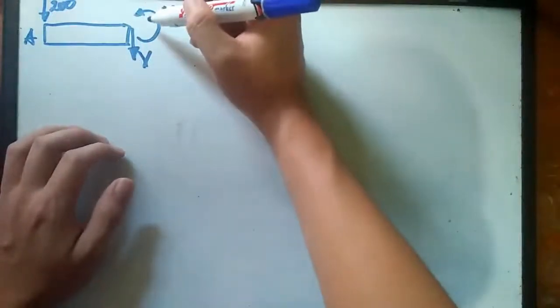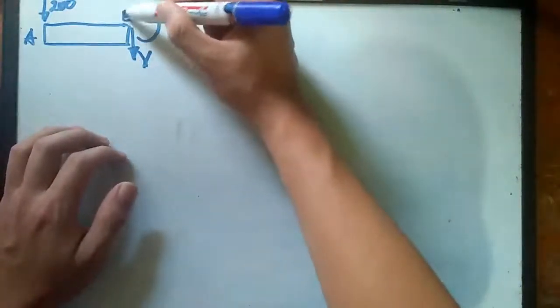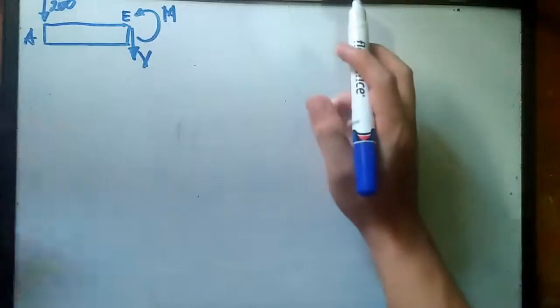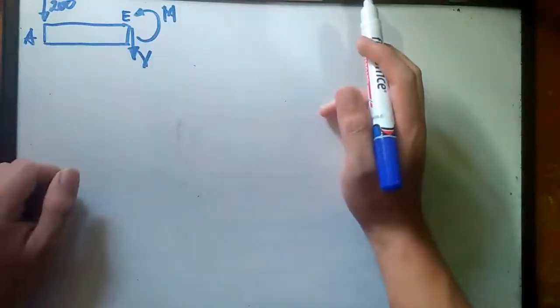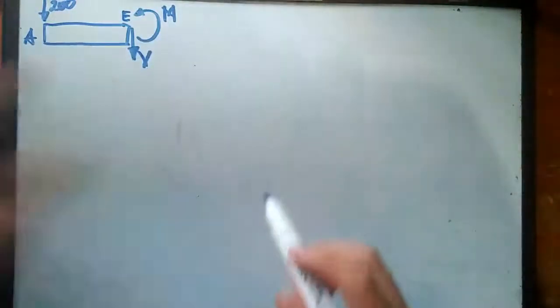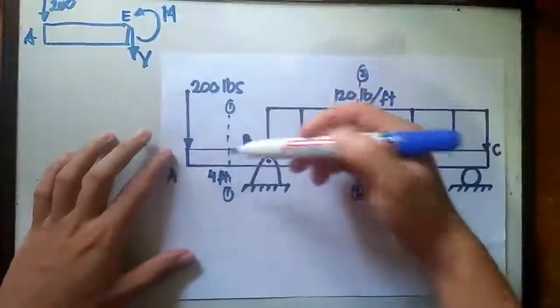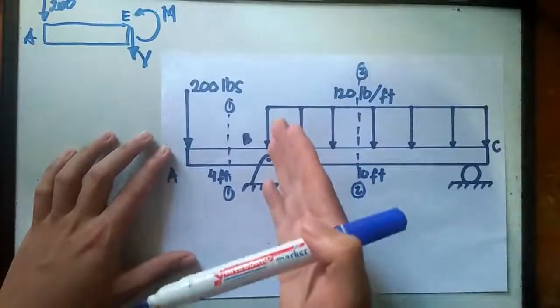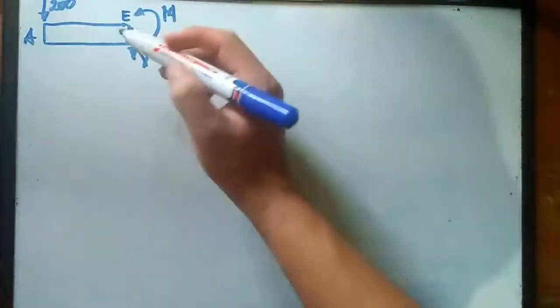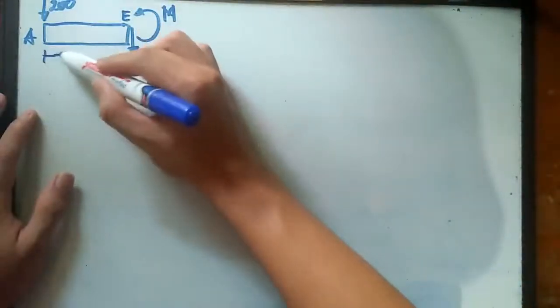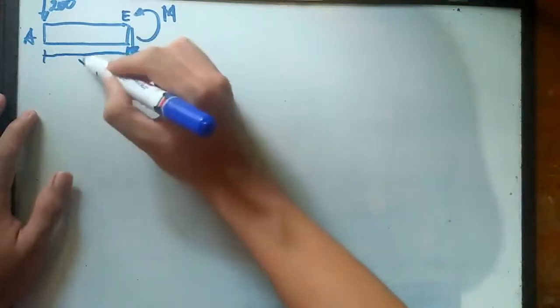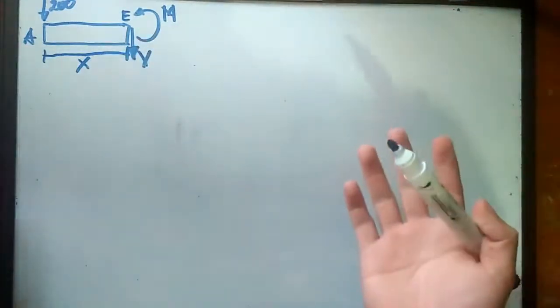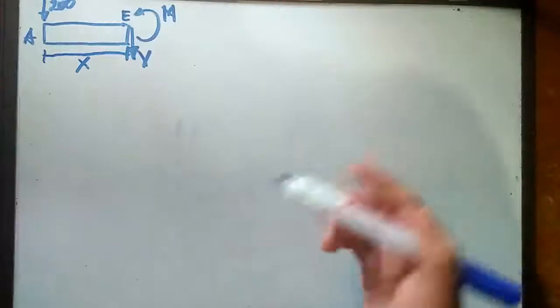It depends on you if you want to designate that as point E, or if you want it to be X, or you want Y, Z. Depends on you where you are convenient. So since we don't know what is the exact length of this section of the beam where we managed to cut, we can just simply designate that as an indefinite measurement equivalent to X, because we don't know what is the exact value of X, so we can only approximate.